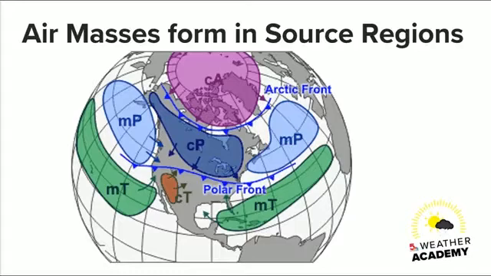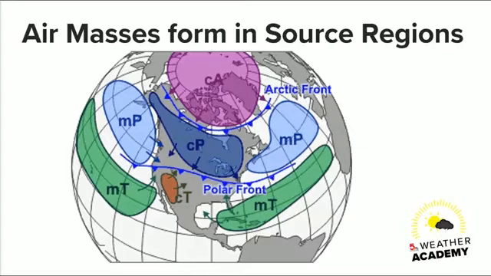Now, you can have 3 types of continental air masses. If it's over the Arctic and it's really cold air, that's when we say it's continental Arctic. Most of the time, we don't get that, fortunately. But we do get the continental polar, which is cold. That's what comes out of Canada all the time.